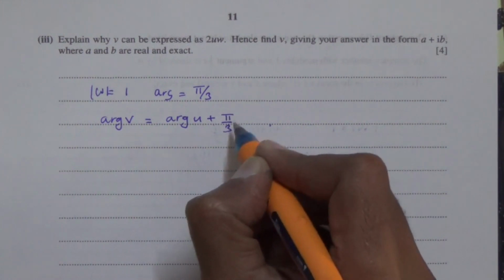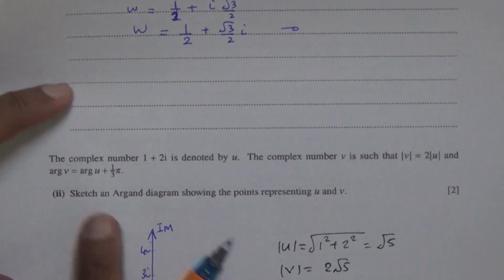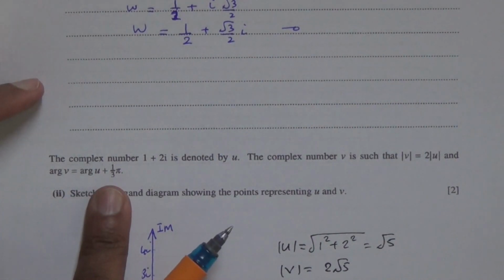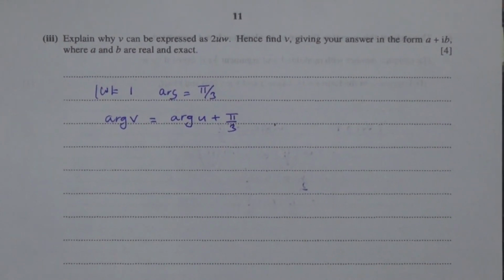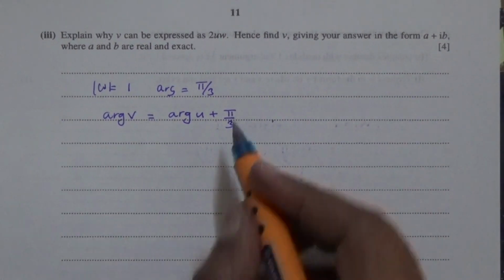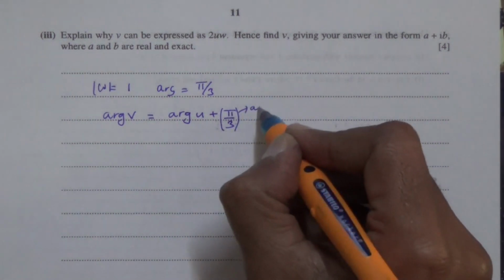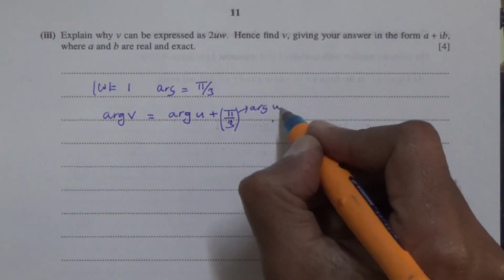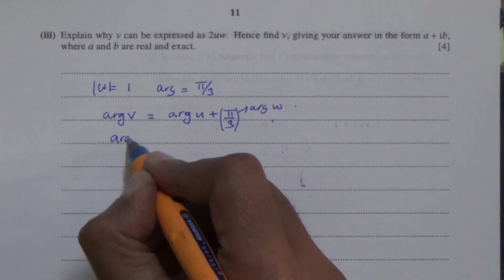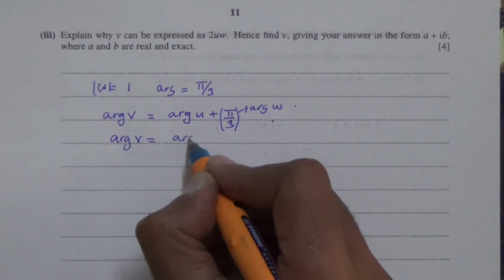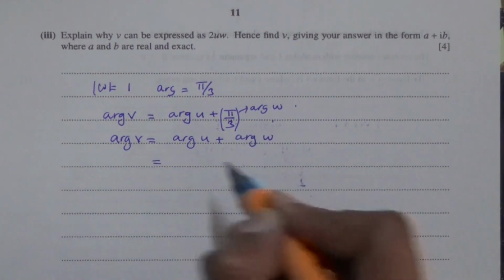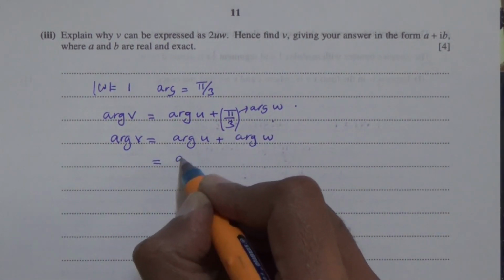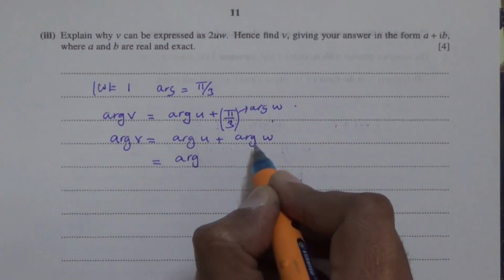Now this part we had in the second part of the question, where they're telling you argument of u plus pi upon 3. And pi upon 3 happens to be the argument of w. So we're saying then the argument of v is equal to argument of u plus argument of w. And when we do that, we should be able to get the argument of u times w.